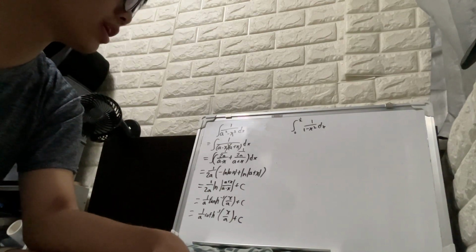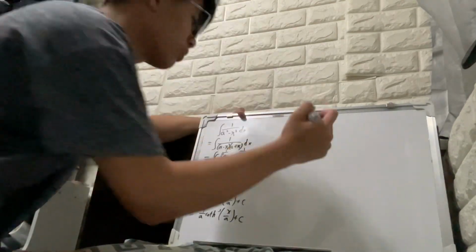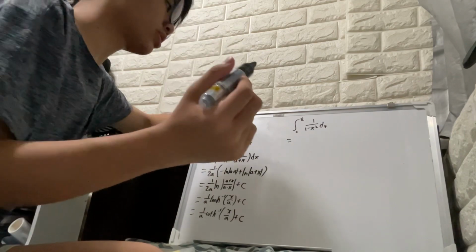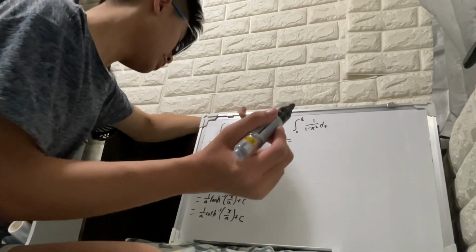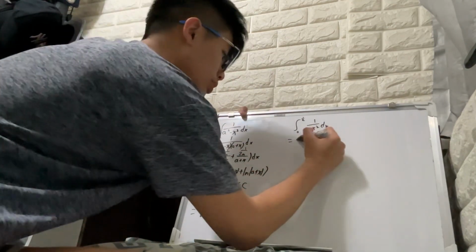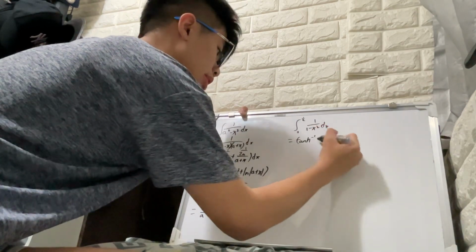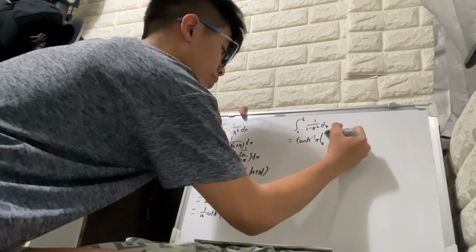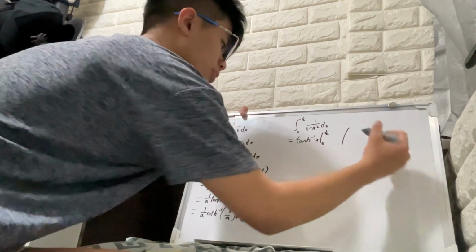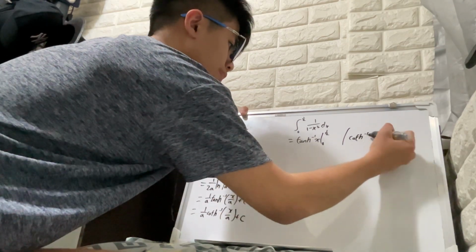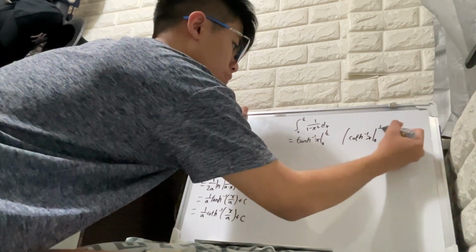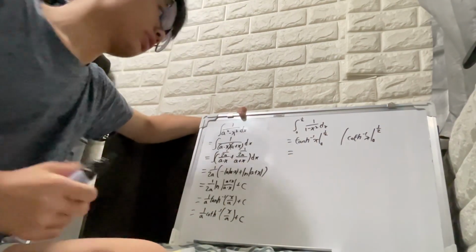So here, let me just write down two different situations. Consider inverse tangent x from 0 to 1/2, or another one is inverse coth of x from 0 to 1/2. Here's the deal.